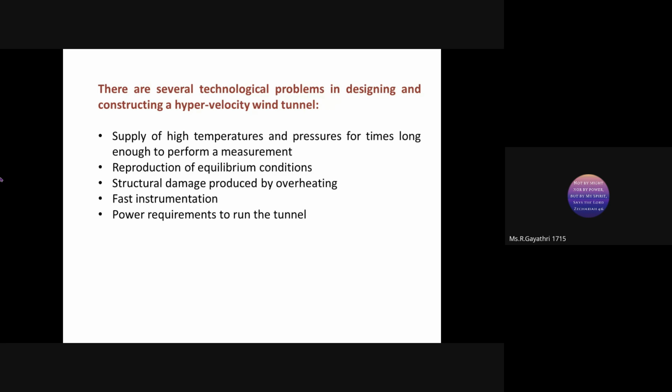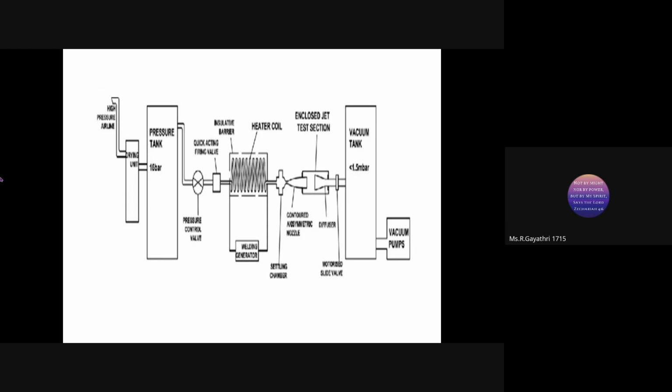All this adds complications to hypersonic operations: supply of high temperatures and pressures for long times, reproduction of equilibrium conditions, structural damage because of overheating, fast instrumentation, and power requirements. They all make big challenges in hypersonic tunnel operations.